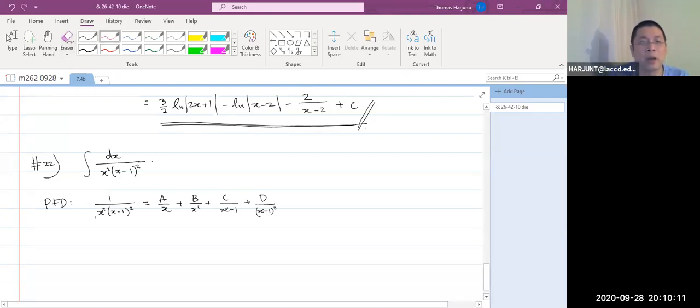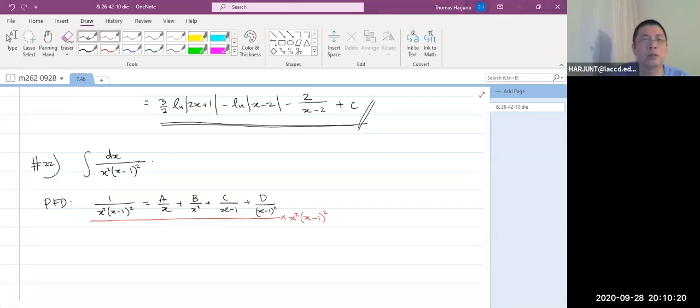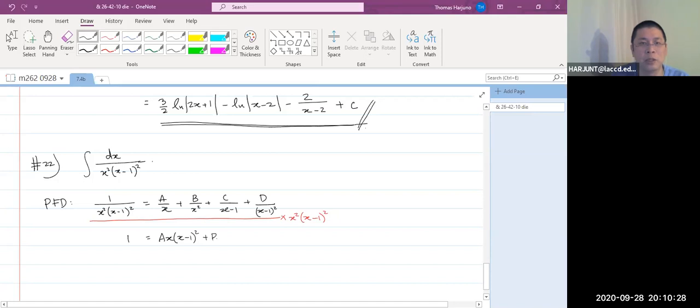And multiply by the LCD, which is x squared, x minus 1 squared. I will get 1 equals ax times x minus 1 squared, plus b times x minus 1 squared, plus c x squared times x minus 1, plus dx squared.